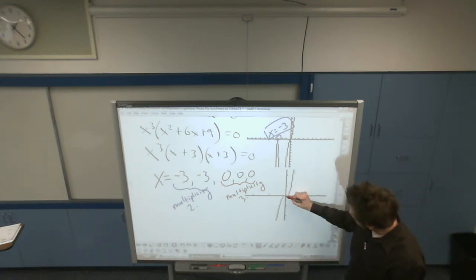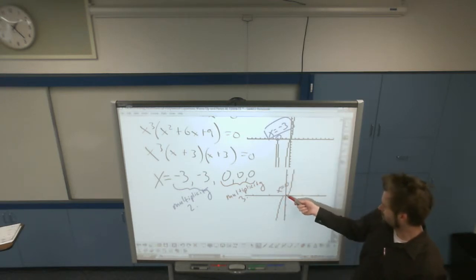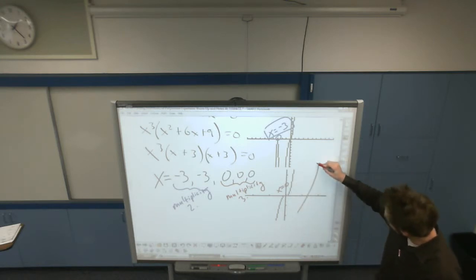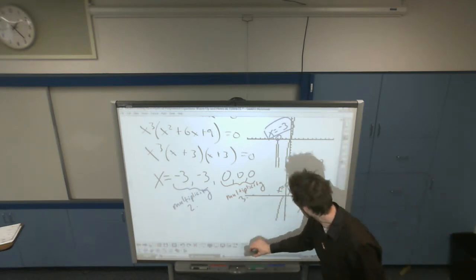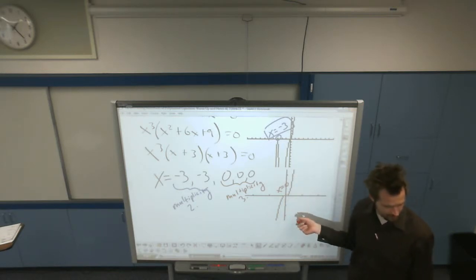Now let's look at what it does at 0, because this isn't normal either. It crosses right here. This is at x equals 0. But this is not normal. See, normally when we have a root, the graph just flat out crosses. It just goes through. That's not what it's doing here. How would you describe that? What's it doing? It looks like it's flattening a little bit, almost.